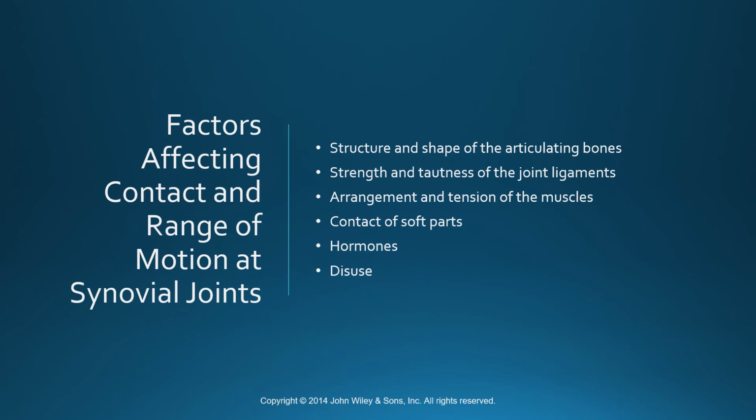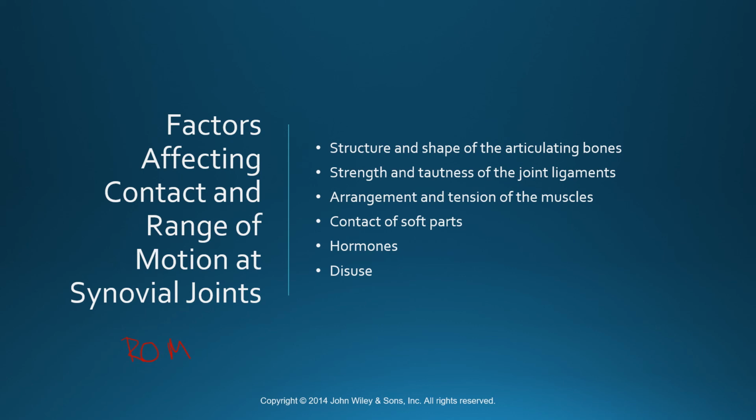So the articular surfaces of synovial joints contact one another, and they determine the type of possible range of motion. Range of motion is abbreviated ROM, and this refers to the range, measured in degrees of a circle, through which the bones can be moved.